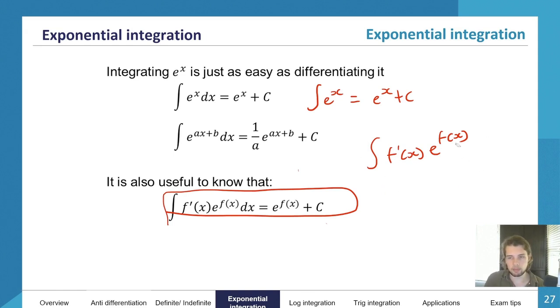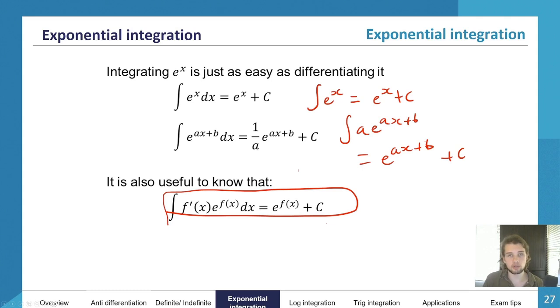And that can obviously be applied to this linear one, because in this scenario, let's say we had e to the power of ax plus b. Then if we anti-derive that, it would be equal to 1 over a times e to the power of ax plus b, plus c at the very end.